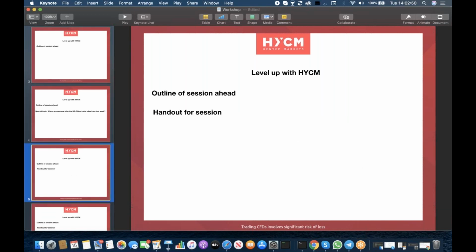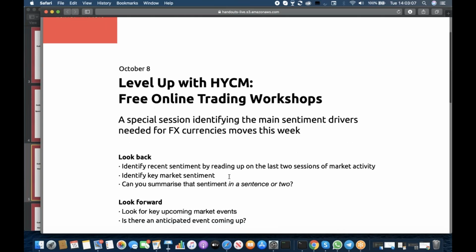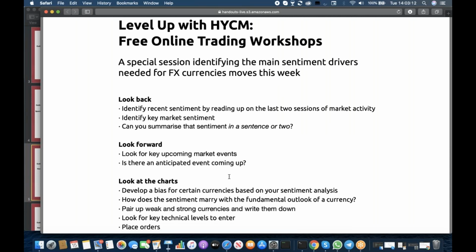The handout for the session is, as per usual, underneath the handout section. If you go to your GoToWebinar control panel, if you're joining us for the first time, there's a tab which says handouts and a little grey triangle. Click on the little grey triangle and the workshop guide will appear. You can download it, and I've organized this handout so you can print it out for yourself.